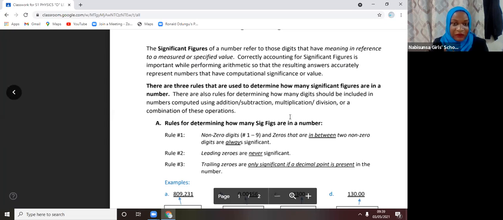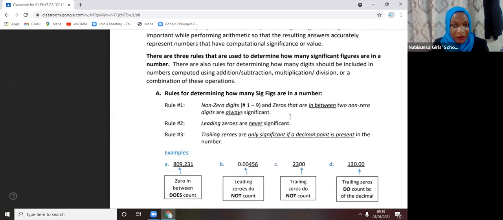Leading zeros are never significant. Okay? And in the page that I'm displaying on the screen, you can see example B. Are you seeing example B? It has 0.00456.